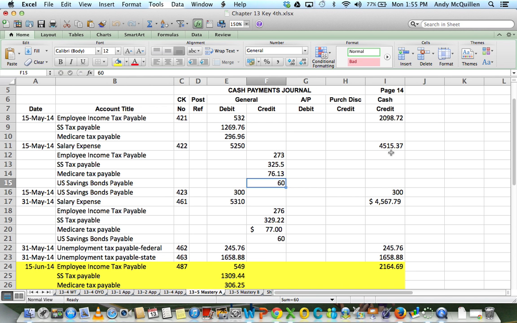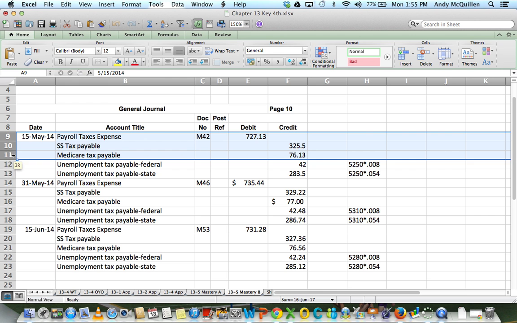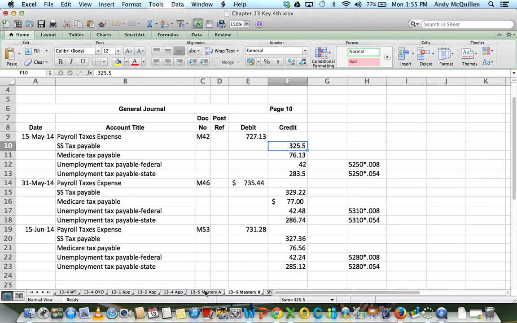May 15th, recorded employer payroll taxes expense for May 15th payroll. Well, now we go to the general journal, okay, and now we have payroll taxes expense. But the first thing we have to do is figure out our Social Security, which we did.